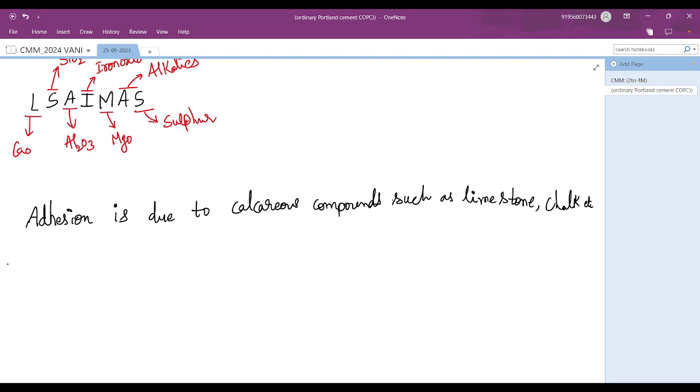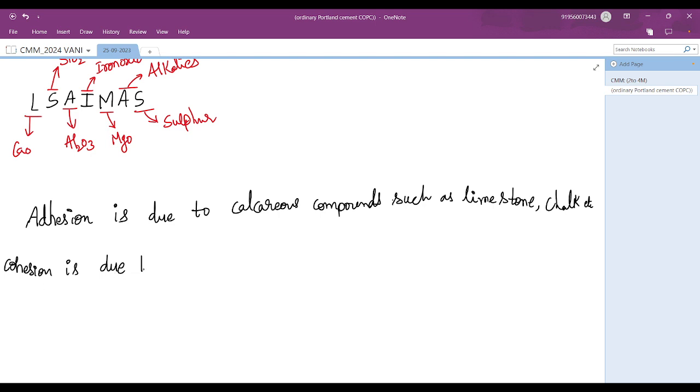Whereas cohesion is due to, as already discussed in our geotechnical engineering, cohesion is the inherent property of fine grained soil such as clay. The same here also.